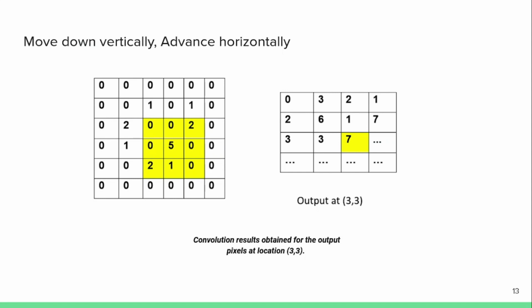Following this, we will slide the kernel in the horizontal direction till there are no more values which overlap between the kernel and the image matrix. The process of moving one step down followed by horizontal scanning has to be continued until the last row of the image matrix. A random example concerned with the pixel output at the location 3,3 is shown below. The output is 7.